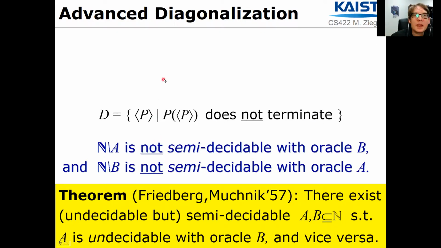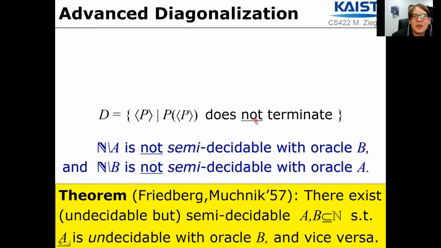And as a warm-up, let's recall some standard diagonalization. This is sometimes called the diagonal problem. The diagonal problem is another semantic property of programs. Does the program not terminate on its own input? The "not" is what makes the diagonalization.